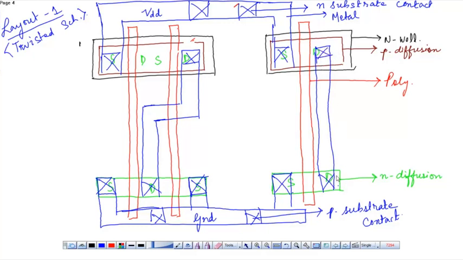The contacts that are used in the N diffusion layer are termed as N diffusion contact. This is the P diffusion contact.